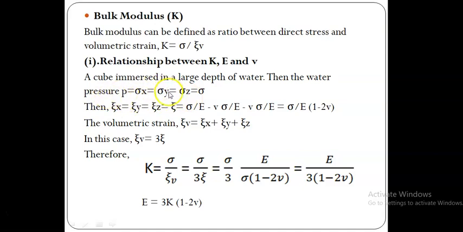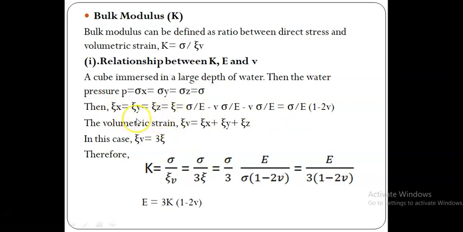As per Pascal's law of transmissibility, the pressure at any point in the water is evenly distributed in all directions, and therefore the stress is sigma x equal to sigma y equal to sigma z equal to sigma. Then epsilon x, that is strain along the x direction, is also equal to epsilon y, which is equal to epsilon z, which is equal to epsilon.